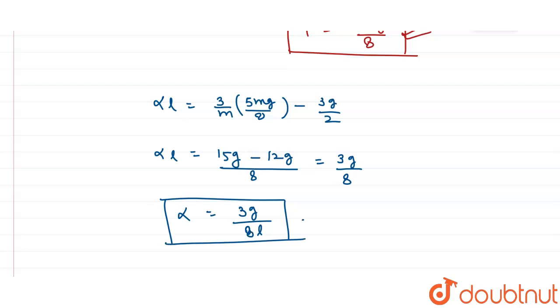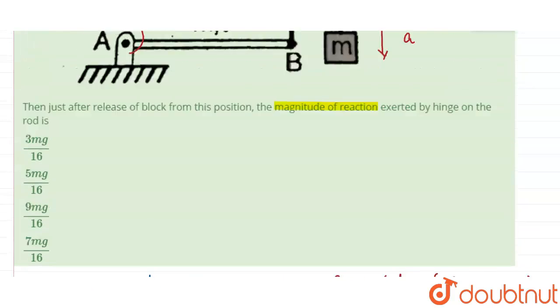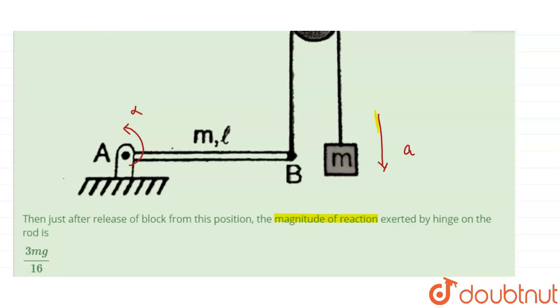Now they are asking about the reaction that is exerted by this hinge on the rod. So this hinge exerts reaction in two directions. First in horizontal direction, suppose the reaction is Rx, and in vertical direction it is Ry.